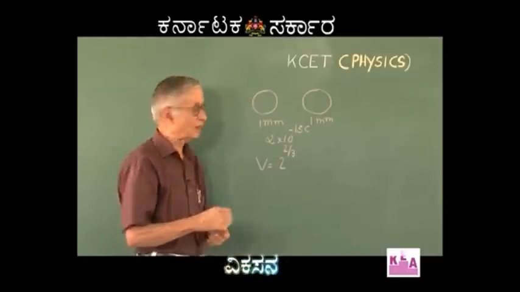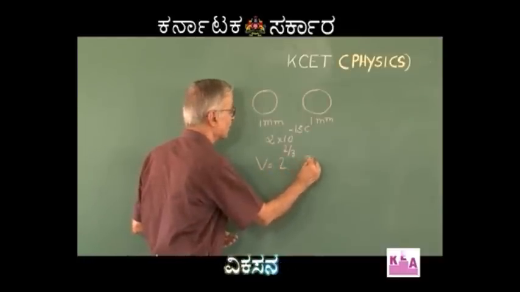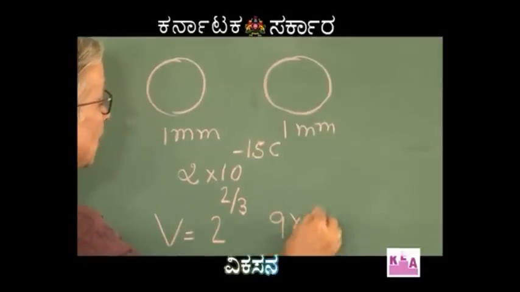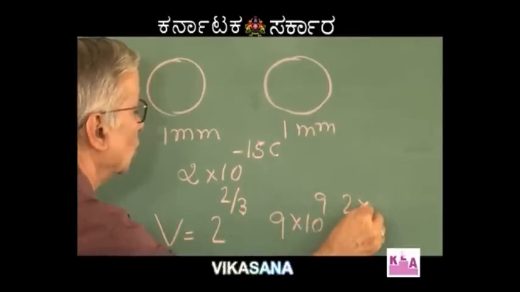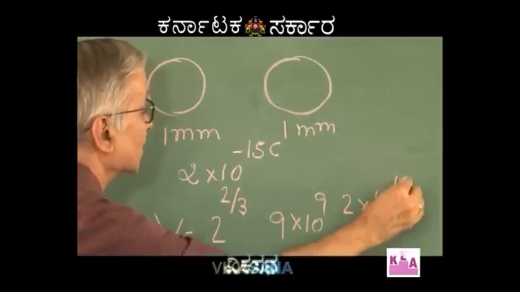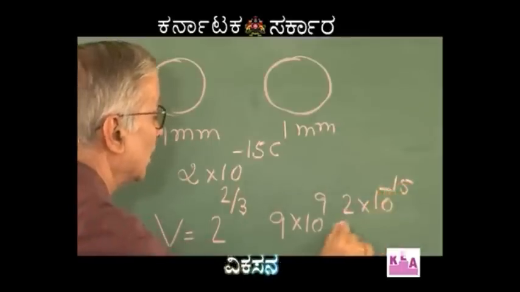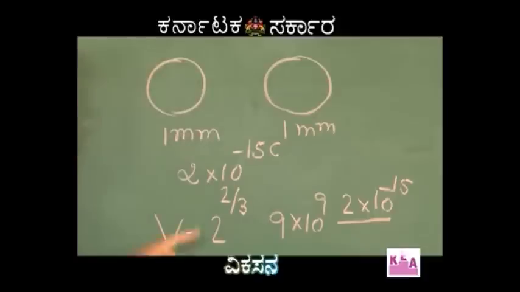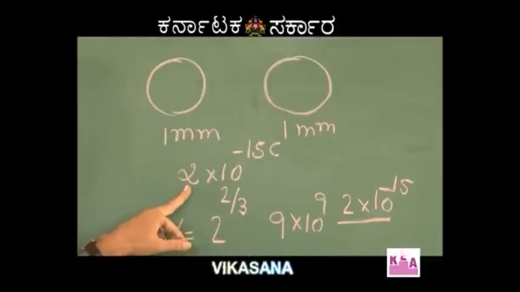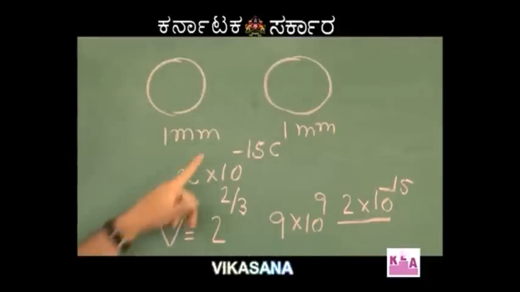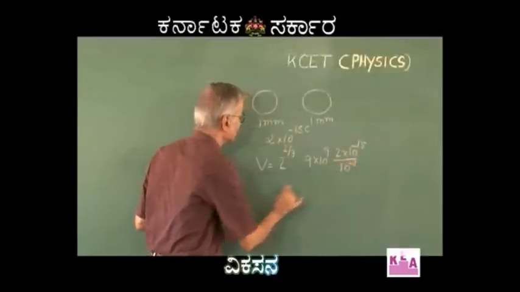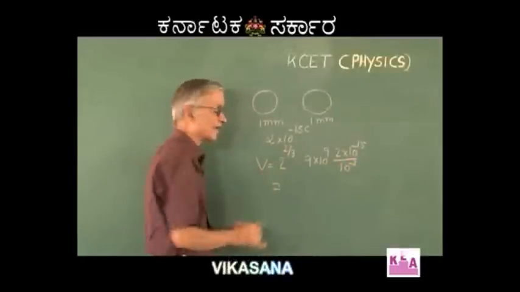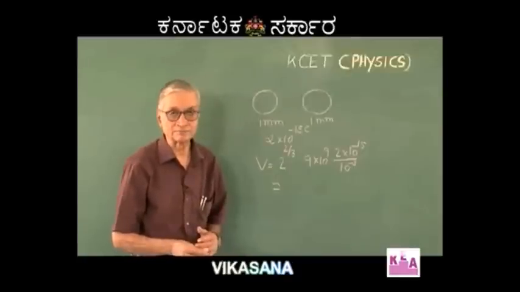Potential of each drop is 9 into 10 to the power 9 multiplied by the charge 2 into 10 to the power minus 15 divided by the radius. Radius, diameter is 2 millimeter, means radius is equal to 1 millimeter. Therefore, radius can be written as 10 to the power minus 3. Now you have to make the calculation by shortcut.